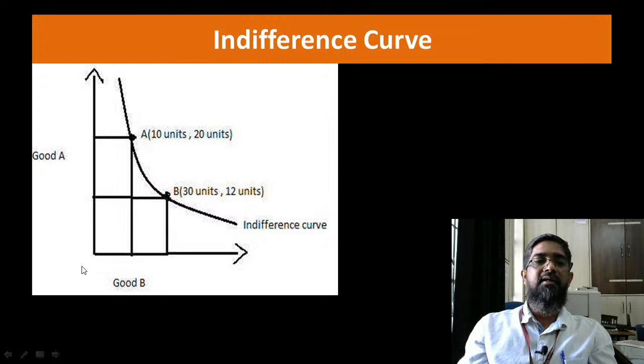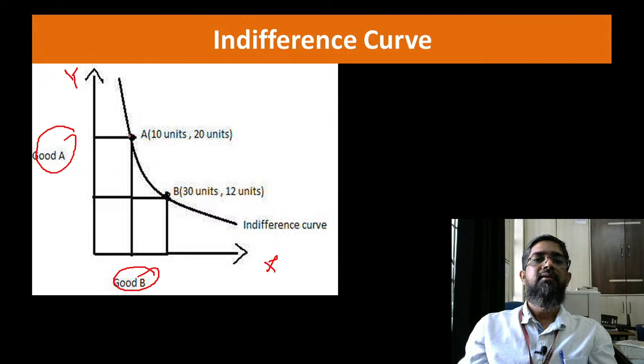Another example, this is a diagram which is shown here. Again, suppose on y-axis we are measuring A commodity, on X we are measuring B commodity, same thing. At point A, 10 units of A good, 20 units of B good you are consuming, right? And at point B you are consuming 30 units of B and 12 units of A commodity, right?